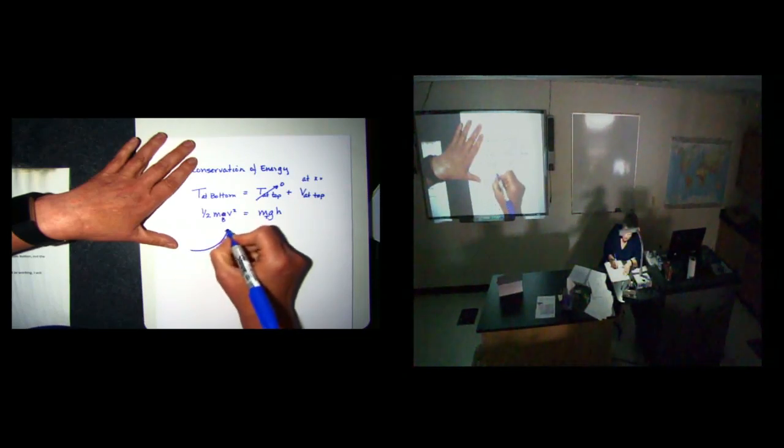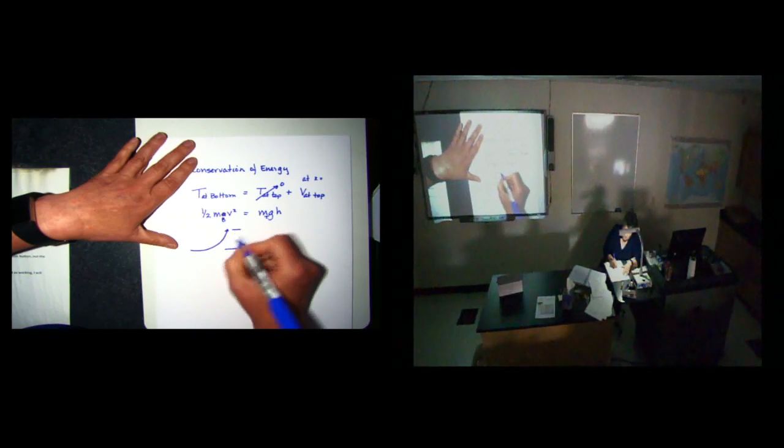H is equal to 1/2 m total v squared divided by g m total. The total masses cancel out, so this becomes 0.259 squared divided by 9.81. H works out to be 0.003 meters.